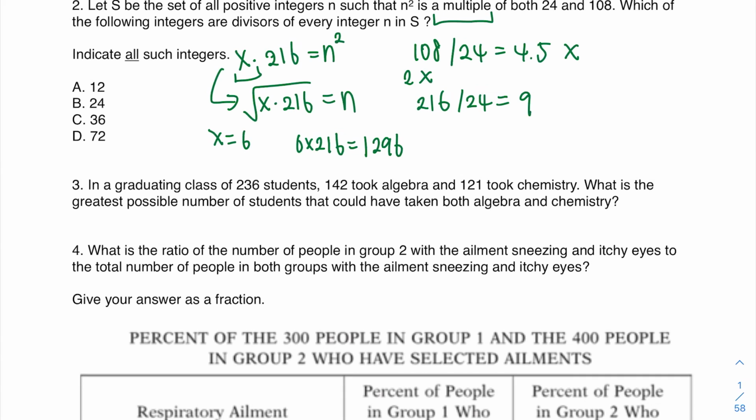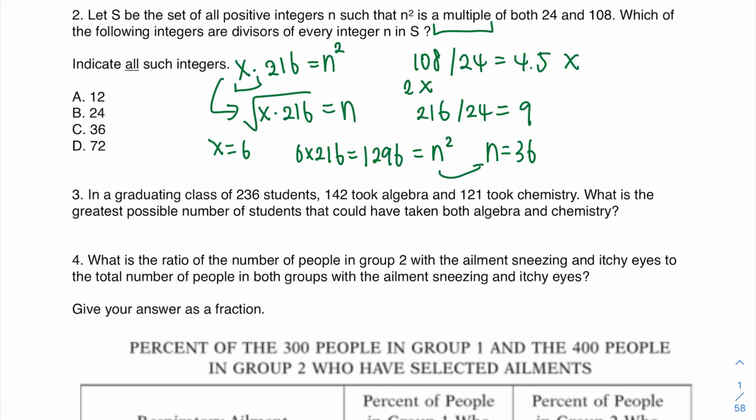So this number should be equal to n squared. So n is 36, right?